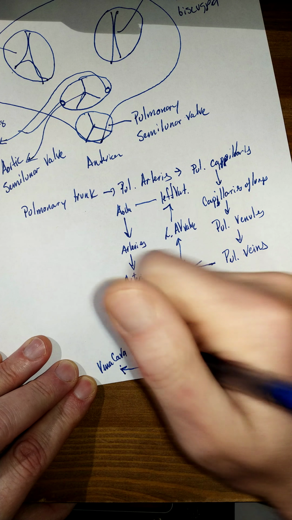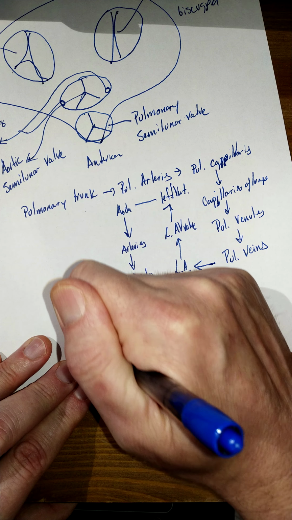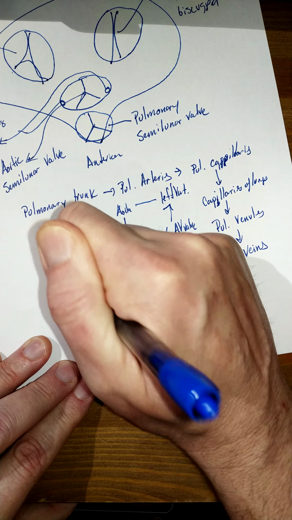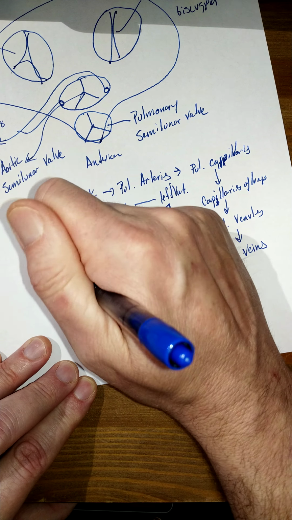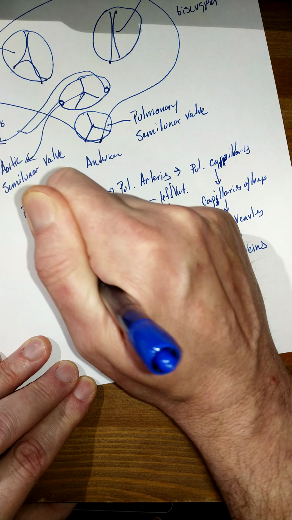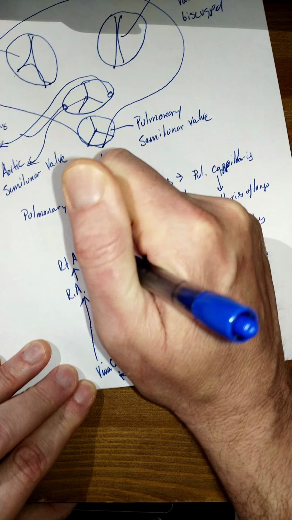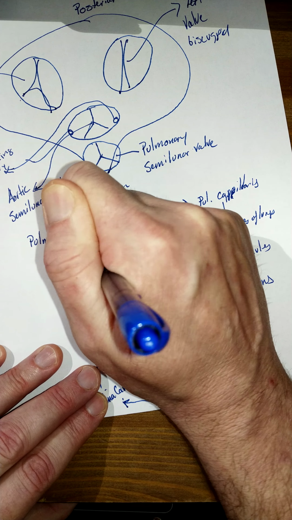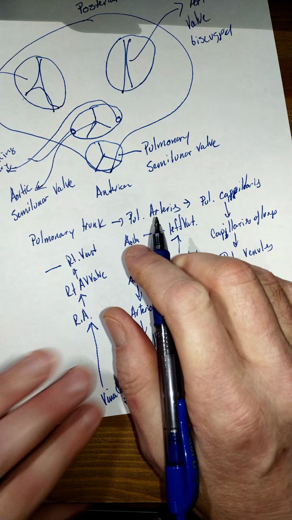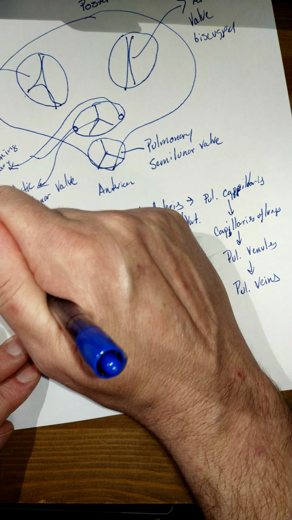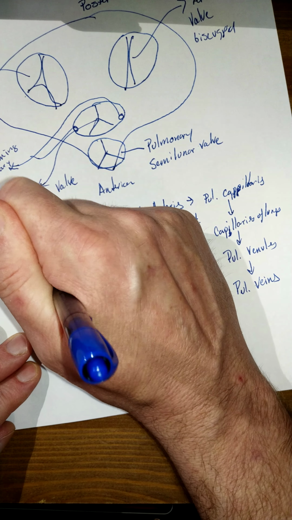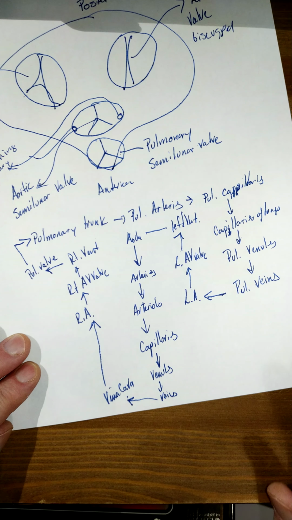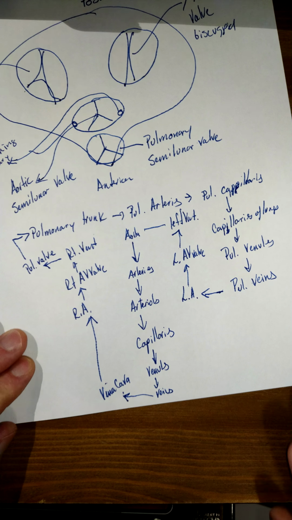And the vena cava returns blood back in via the right atrium, the right AV valve, right ventricle, to the pulmonary valve, and then turns to the pulmonary trunk to start this whole process over again.